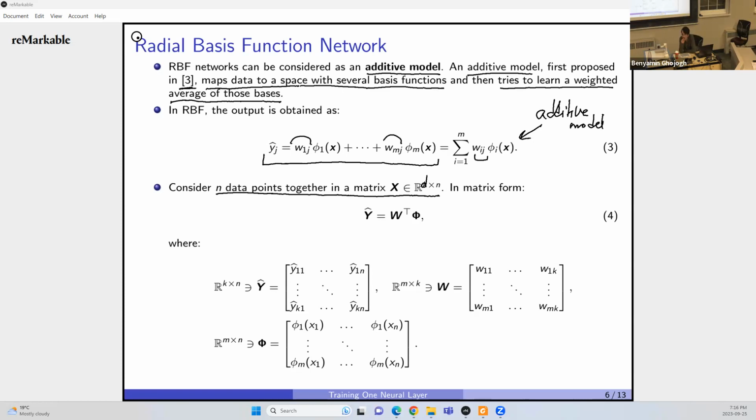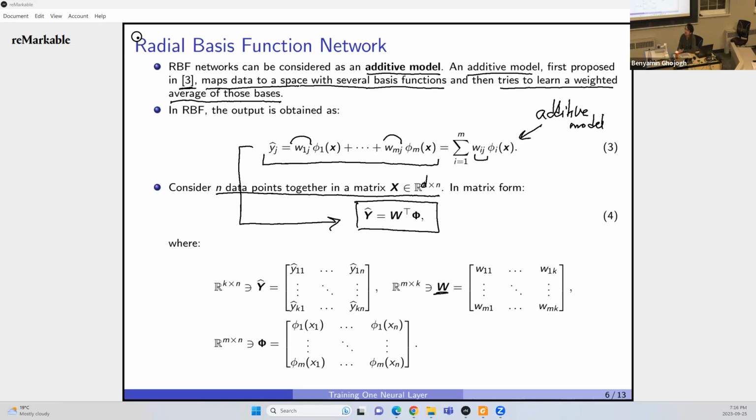I stack them column-wise, so I will have a d by n matrix X. Then, do you agree that I can represent this in matrix form? The matrix form of equation 3 is equation 4. Do you agree?